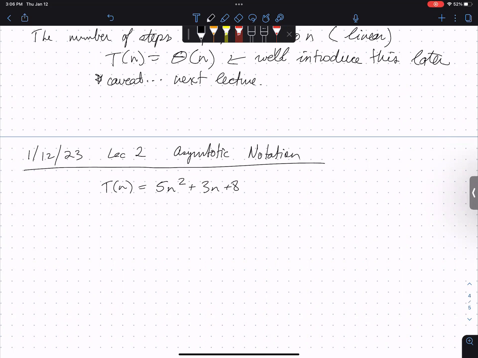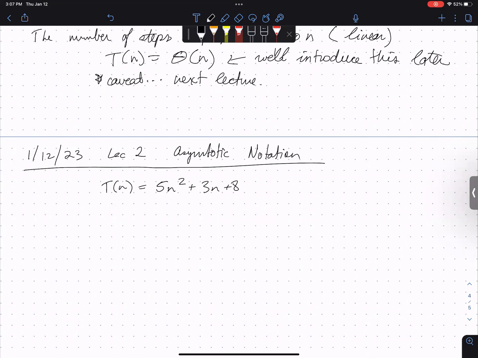So we don't really want this kind of derivation to depend on the specifics of the hardware you use. The second, it's just exhausting to analyze an algorithm to this level of detail, right? We also want to make it easy on ourselves and not have to count every single little step.